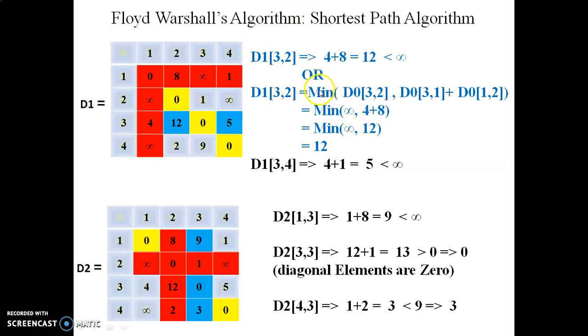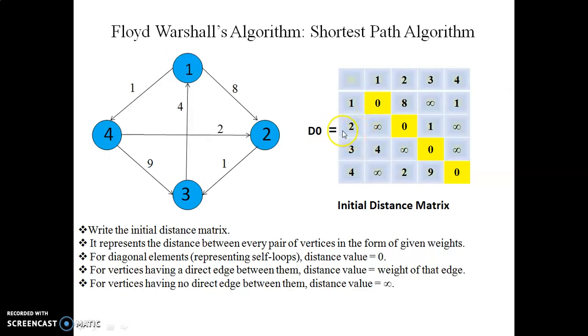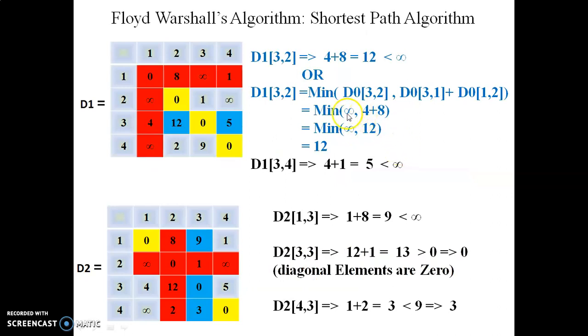But the value remains the same. Now to find that using the formula, we have to find the minimum of D naught of 3, 2, and D naught of 3, 1 plus D naught of 1, 2. These index values are taken from the previous formula. D naught of 3, 2 is infinity, so we write infinity.